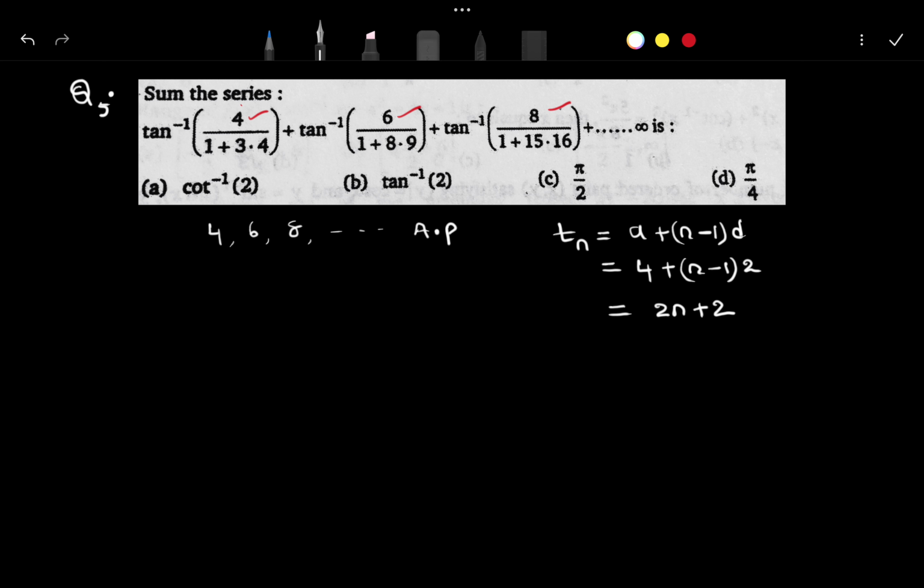In the same way, take the denominator: 1 plus 3 into 4, 1 plus 8 into 9, 1 plus 15 into 16.